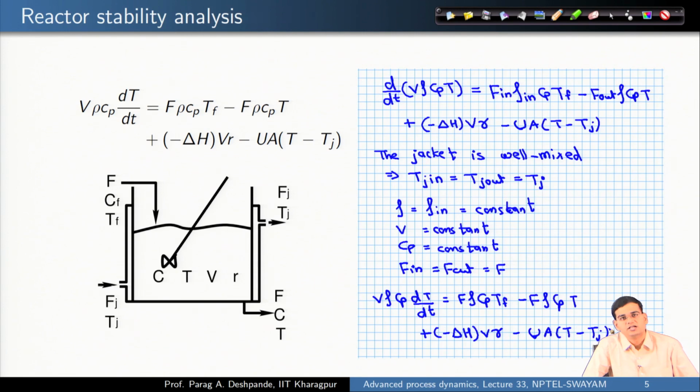This becomes your balance equation. So, this is the energy balance.